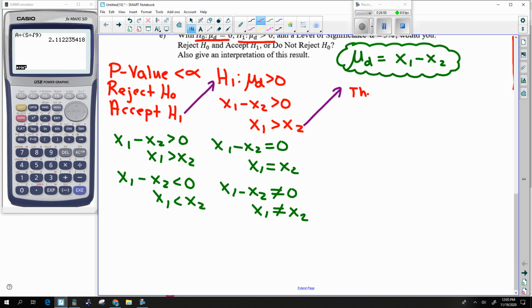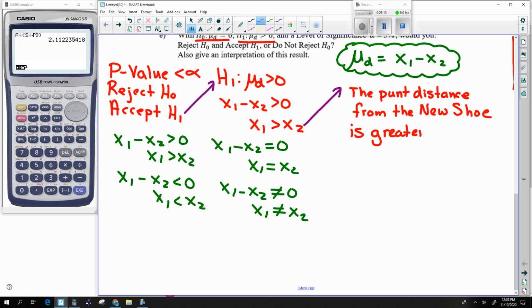So x1 is greater than x2. So the punt distance, I described what we're talking about.